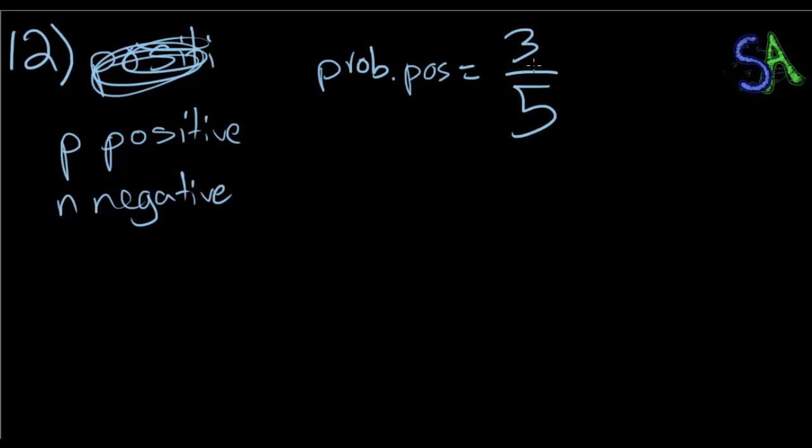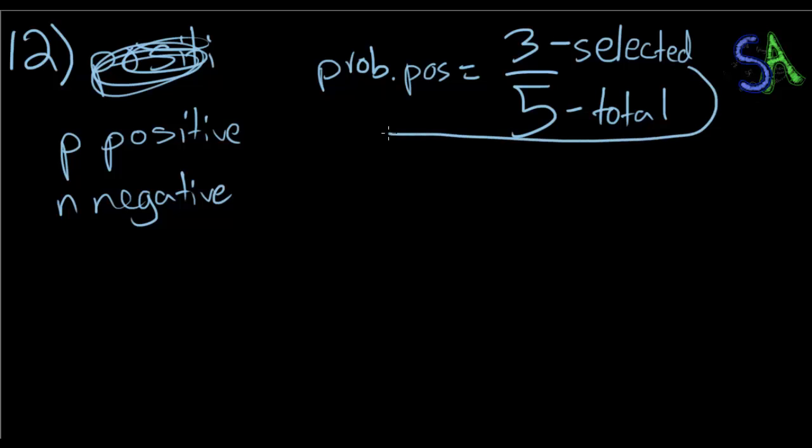So in a probability, this is the selected amount, and this is the total amount. Since that one is selected, that is equal to positive. So p is equal to 3.